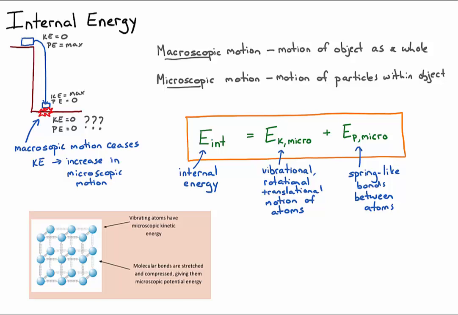Now, you may see internal energy referred to as thermal energy, but some people try and avoid that term, and I'm one of them, because thermal energy implies that it's just about that temperature part of it. And so I like to use the term internal energy, which encompasses both the microscopic kinetic and potential energies that make it up.